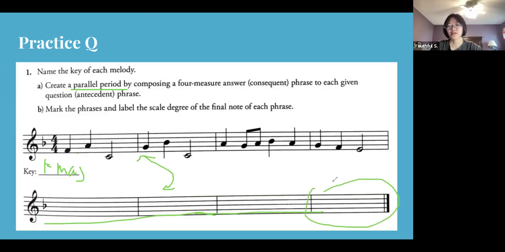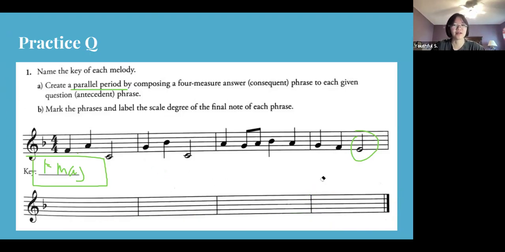And then this last measure, you just change it a bit to make the final note end on F, since that's the tonic of this. So basically, just copy everything down until the end. So you would write all of this the exact same here. And then at the end, you just try to make it end on F. And then that's all.